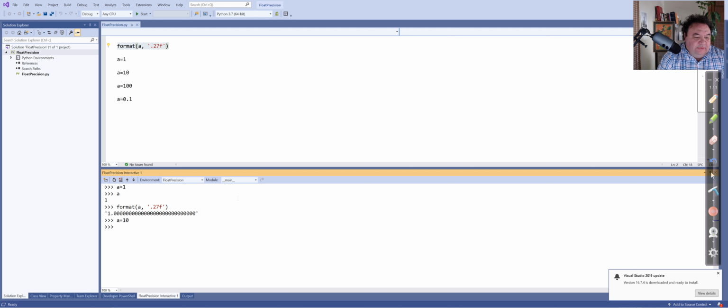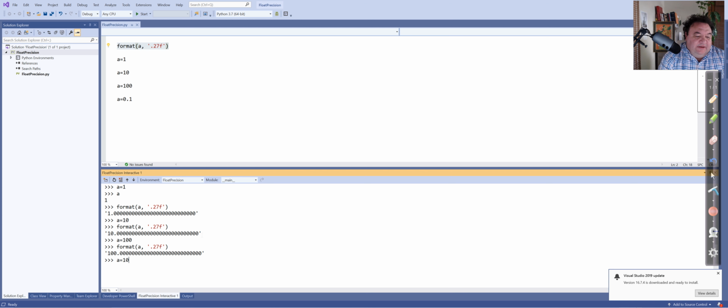If I go up to a equal 10, you can see the precision is not lost. I can even go to 100, and I still have very precise information. So it gives the impression that, as you can do in decimal, you can move the precision.